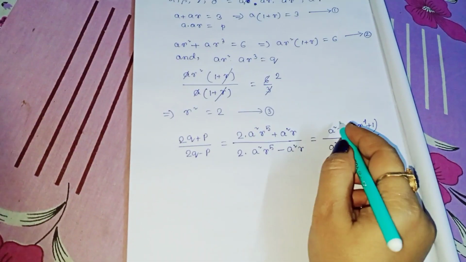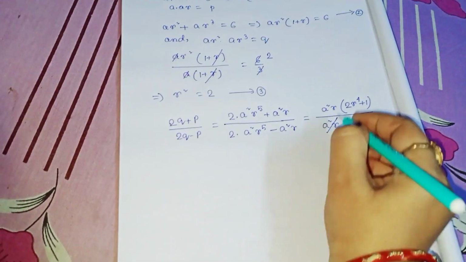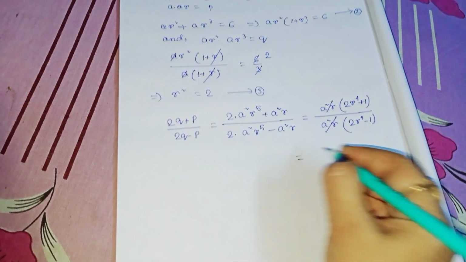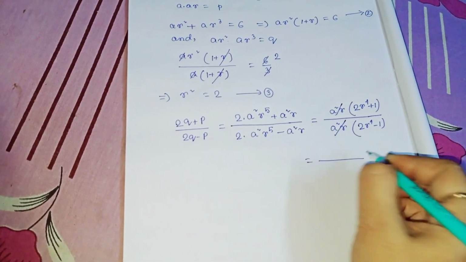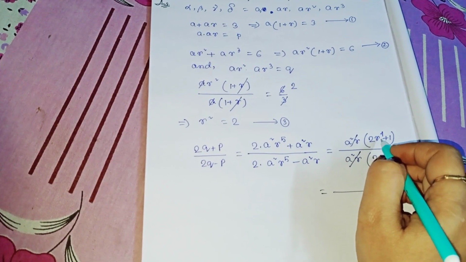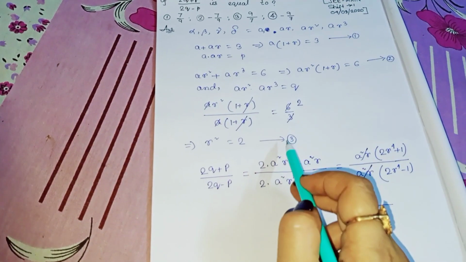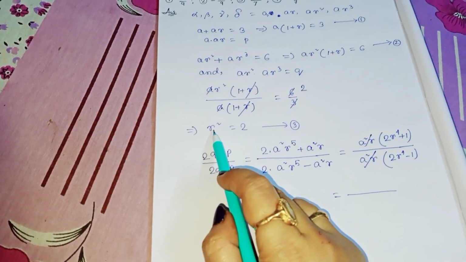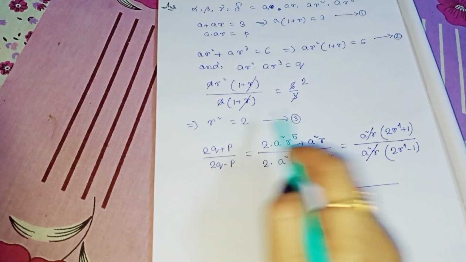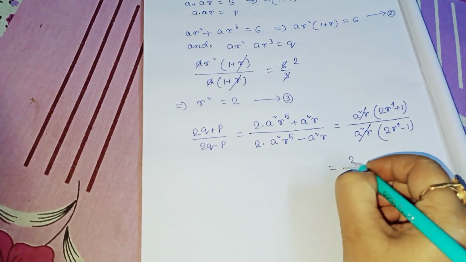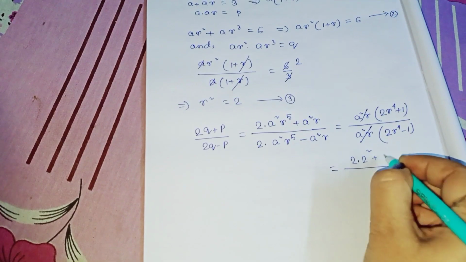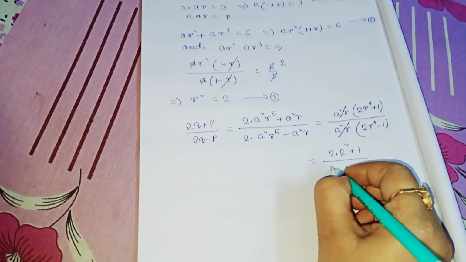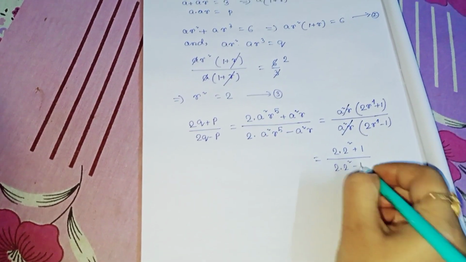So a square r and a square r are cancelled off, both numerator and denominator, and we know the value of r square. From equation 3 we put r square is equal to 2, so it becomes 2 into (2 square plus 1), divided by 2 into (2 square minus 1).